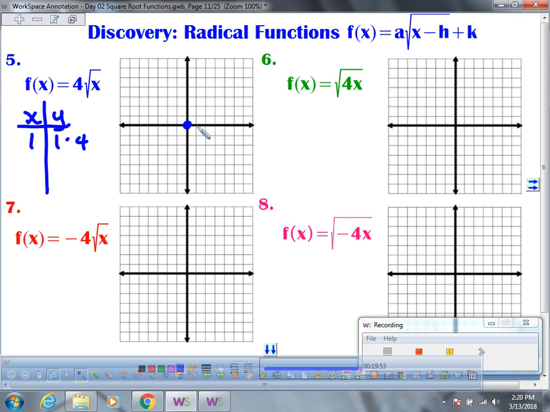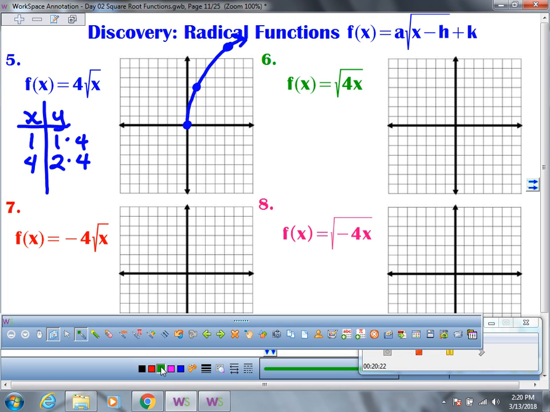So over 1, up 1, 2, 3, 4. And instead of going over 4 and taking the square root of that and going up 2, I'm going to multiply that by 4. Right? My stretch is 4. So over 1, 2, 3, 4, up 1, 2, 3, 4, 5, 6, 7, 8. So it looks something like that.